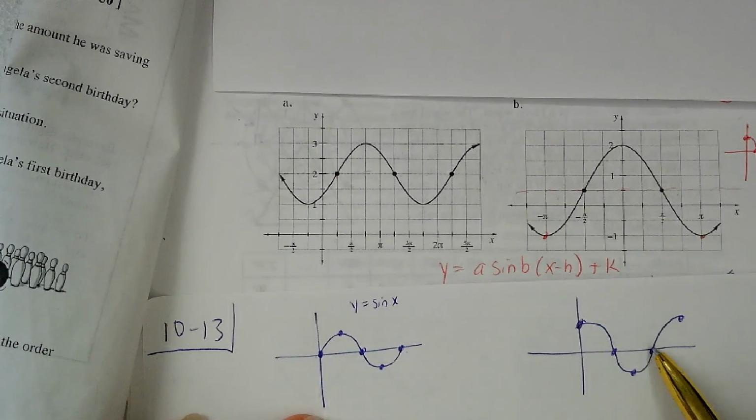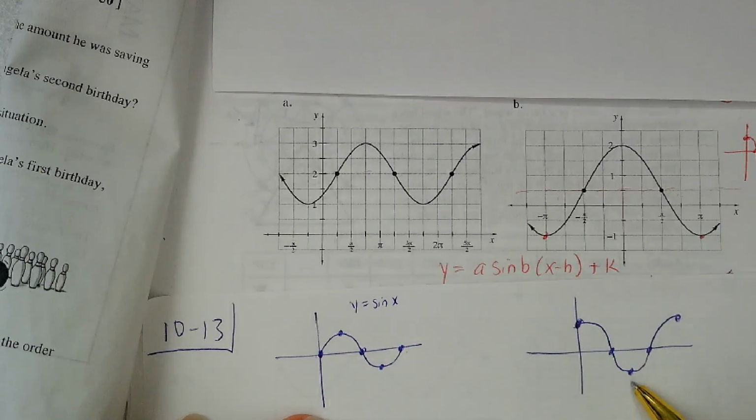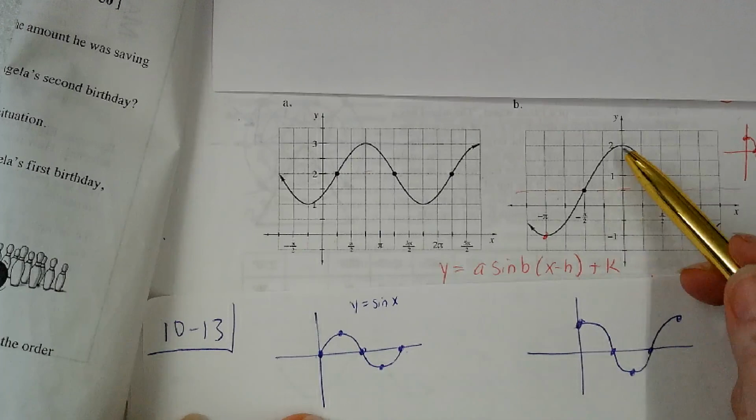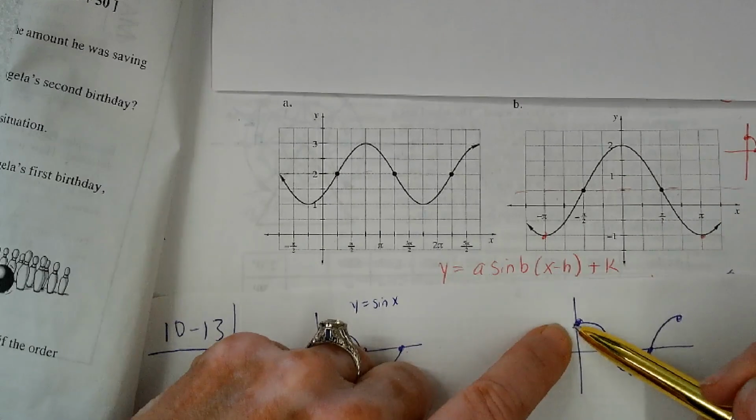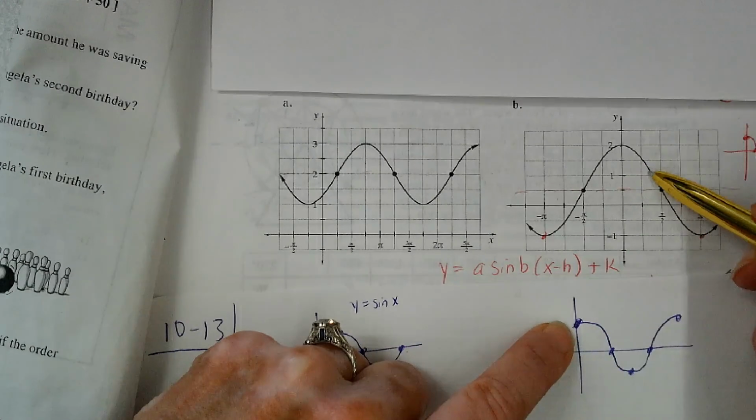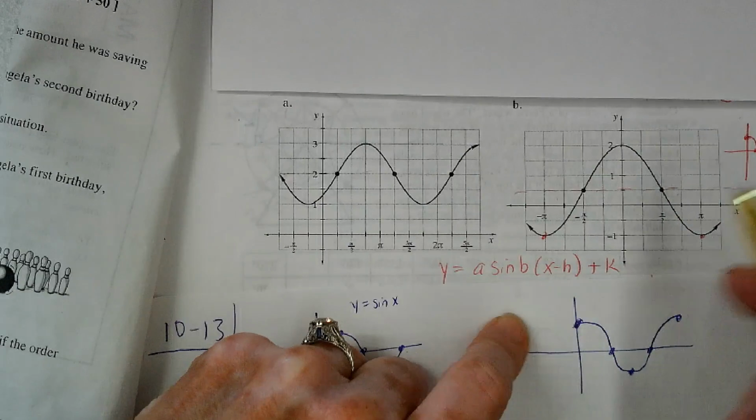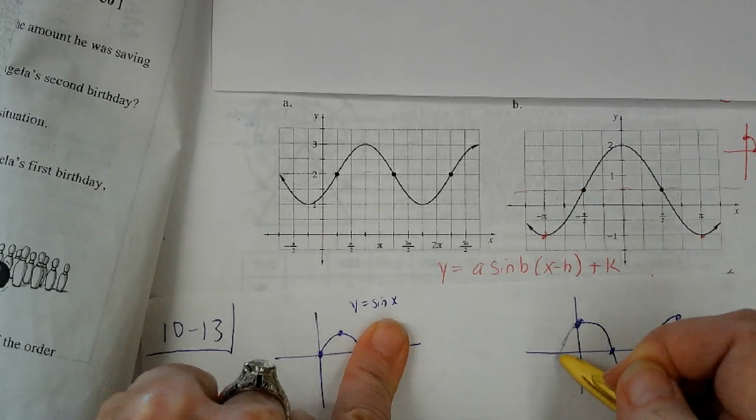Cosine has 2 points on the midline, and then it's got 2 high points and 1 low point. So this one kind of reminds me of this part, because if I made this go over to the other side.